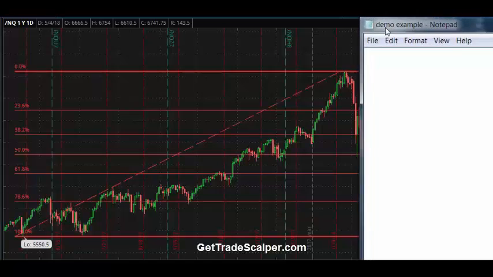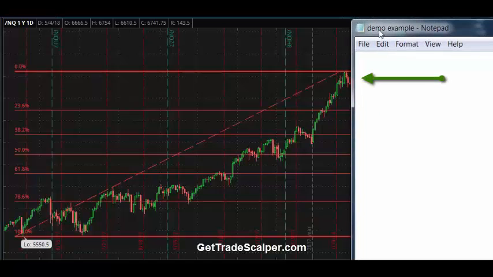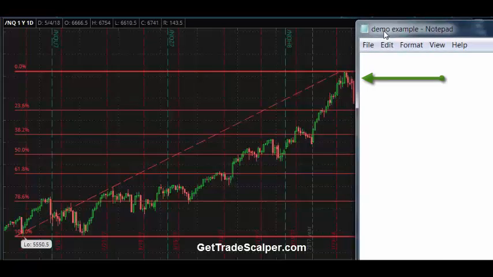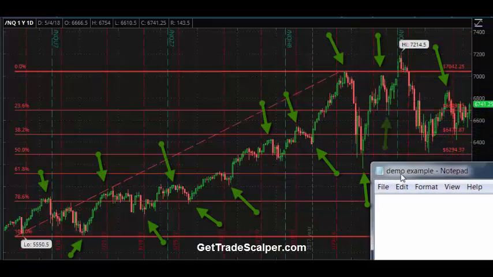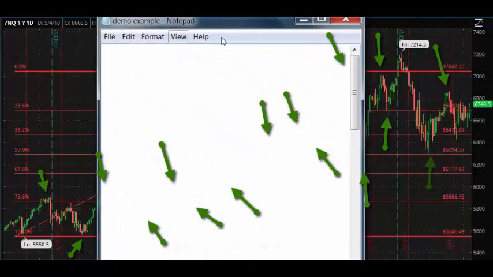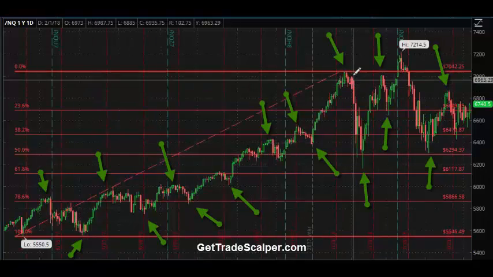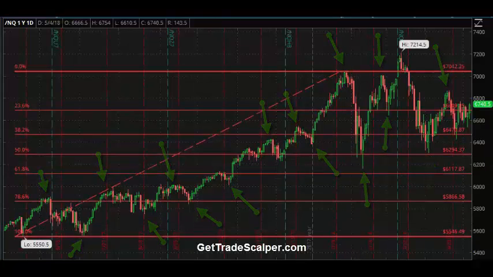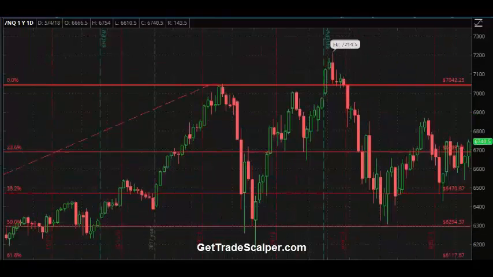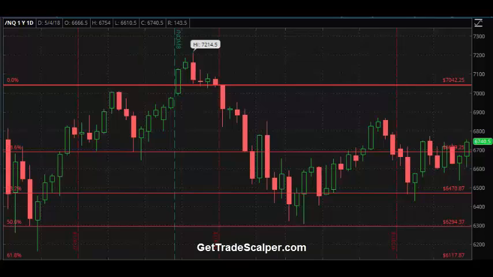And once again, mind you, these bars to the right would not have been printed yet. And so as you can see, price just tends to find support and resistance along those levels. Let's see if we can get a closer shot of that.